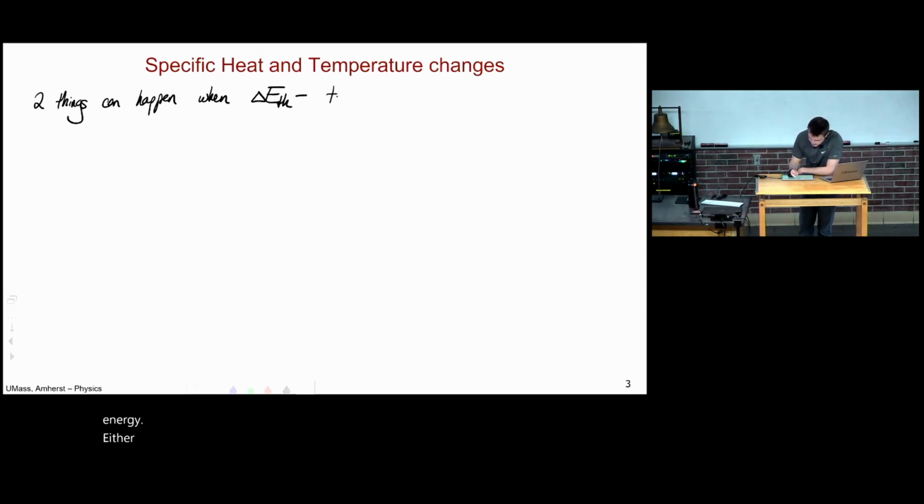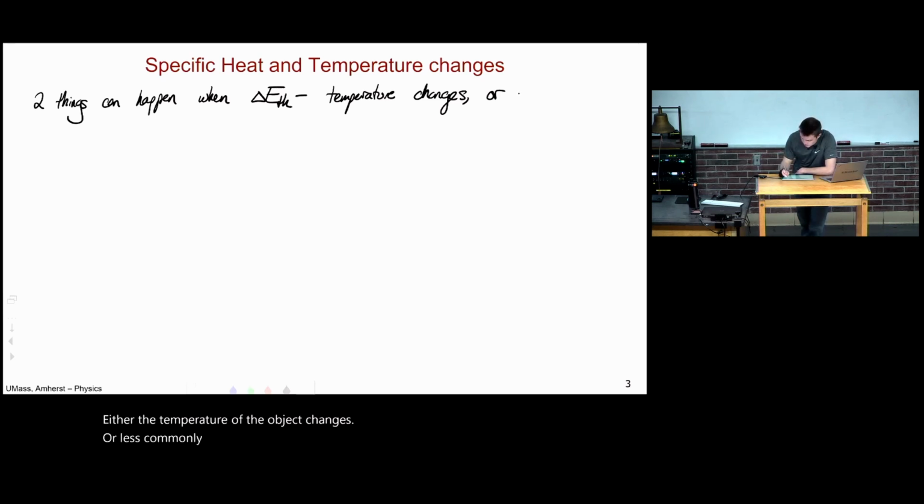Either the temperature of the object changes, or less commonly, a phase change will occur. And again, examples would be boiling or freezing.